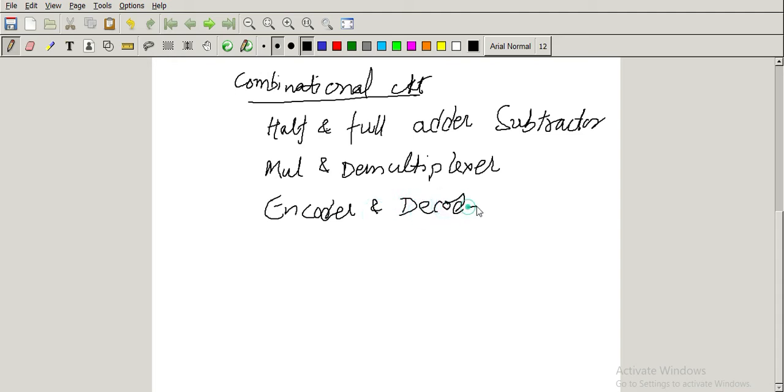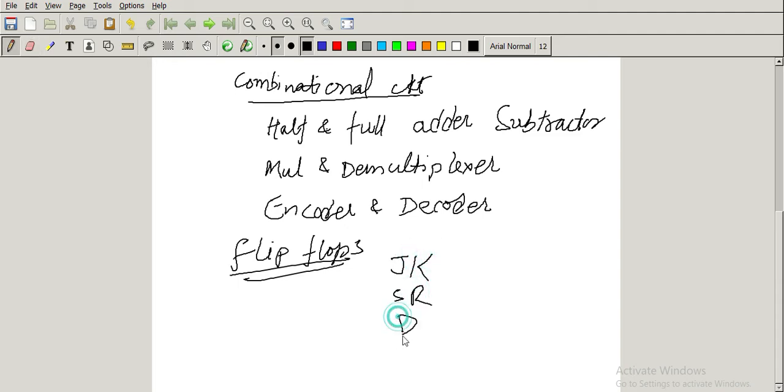Apart from that, we have some flip-flops. There are many questions asked from flip-flops. So basically the important flip-flops are JK, SR, and D and T. I have written JR, okay, this is JK.